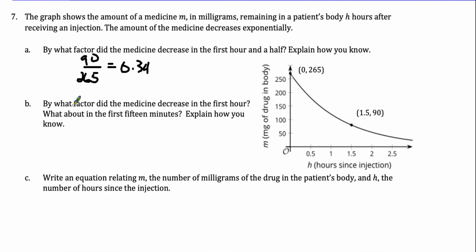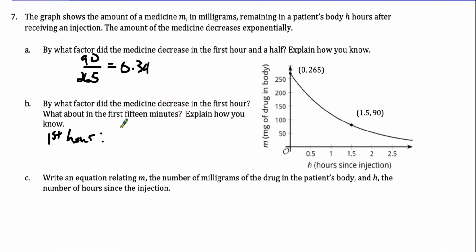But now, to figure out what factor the medicine decreased in the first hour, I can say, if I take this, this is my growth factor over a 1.5 hour period.